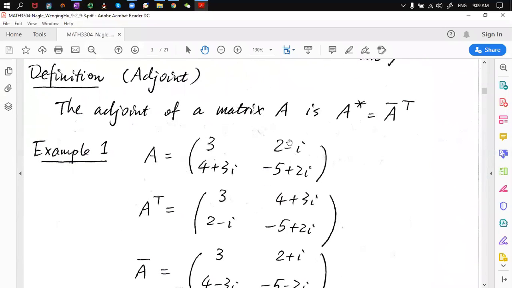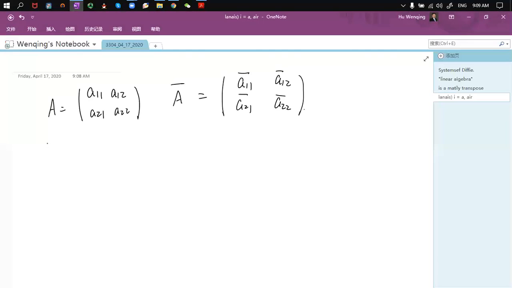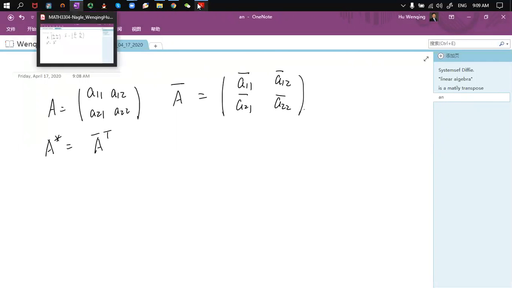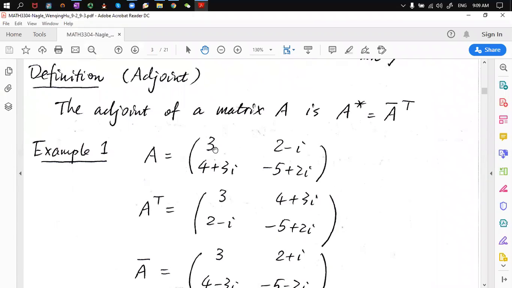Okay, so the other operation is the adjoint, which is the conjugacy of the matrix together with the transpose. So the conjugacy first and then the transpose. Here's a nice example shown in the lecture notes: the matrix A has 4 numbers, 3, 2 minus i, 4 plus 3i, 5 plus 2i. What's the transpose? Well, the transpose means you keep the diagonal and you switch the off diagonal, right?